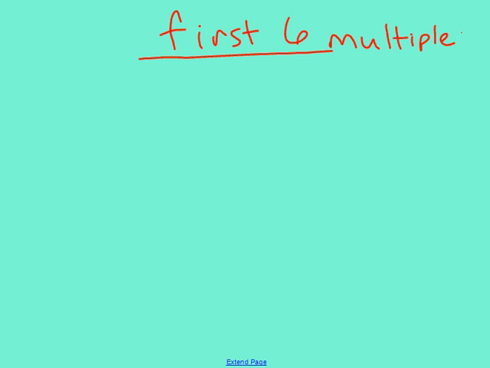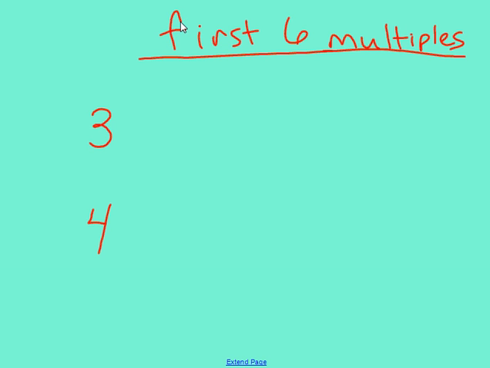So let's find some common multiples then. First, I want to find the first 6 multiples of two numbers. I am going to pick the first 6 multiples of 3 and 4.